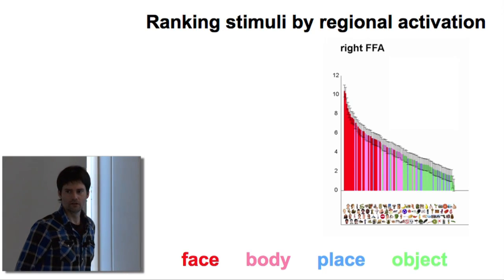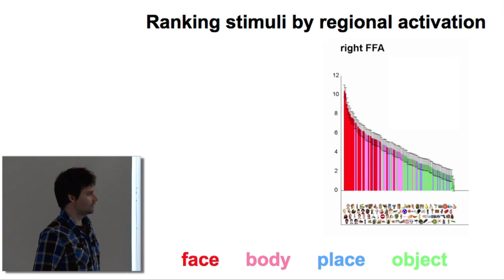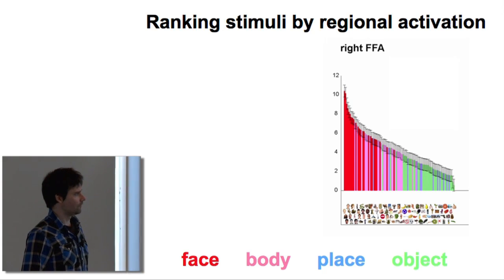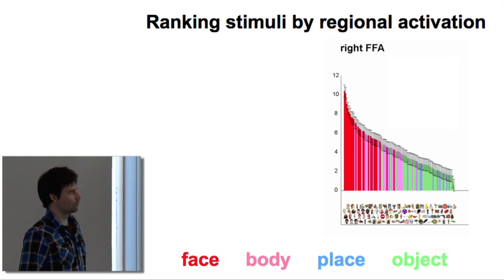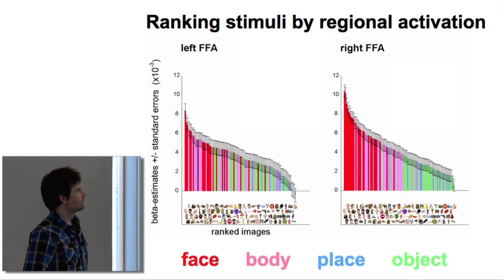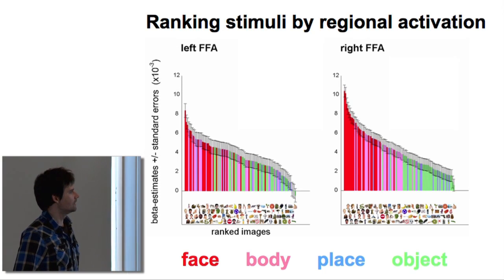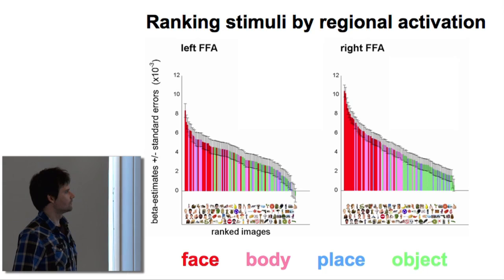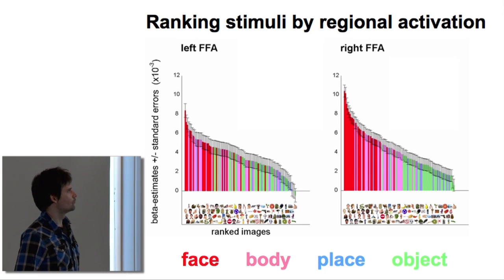So it does look like quite a clear division. And this is strictly monotonically falling by definition, because we're showing the same data here that we used to order the stimuli. When we look at that for left FFA, it looks similar, but there are a bit fewer bodies in the top group here.